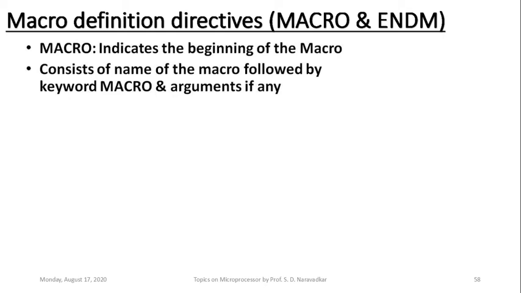Once that macro is defined properly at the beginning, thereafter wherever that macro comes during the process of assembly, that macro will be simply expanded. Here in case of 8086 assembly language programming, that macro consists of name of that macro followed by keyword macro, and the arguments if any.